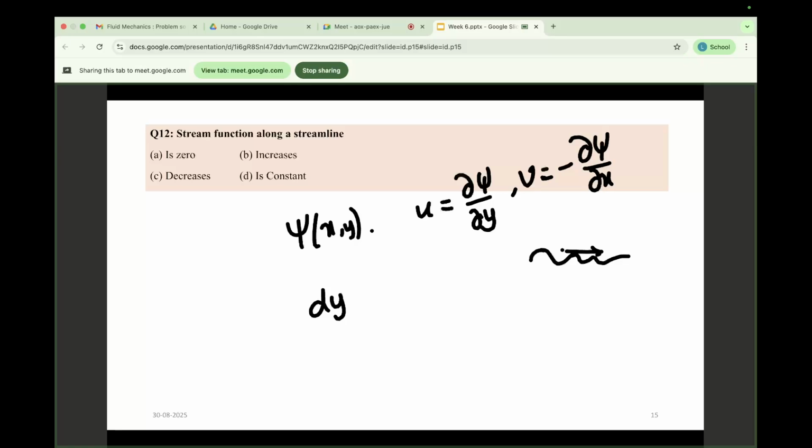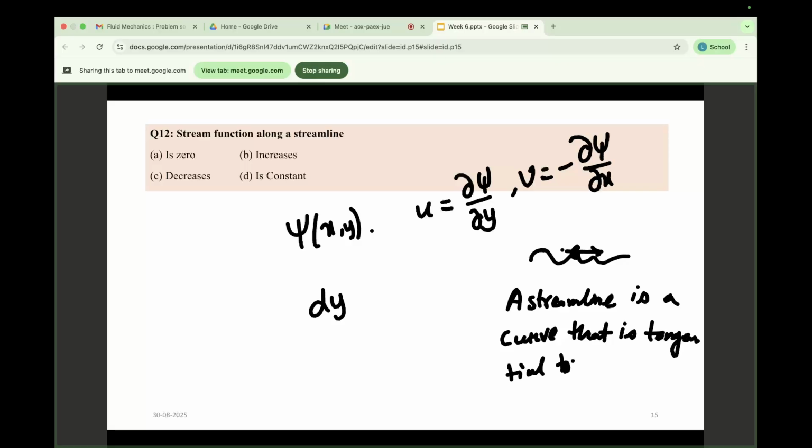from this definition of a streamline, what is the definition? A streamline is a curve that is tangential to the velocity field, right?